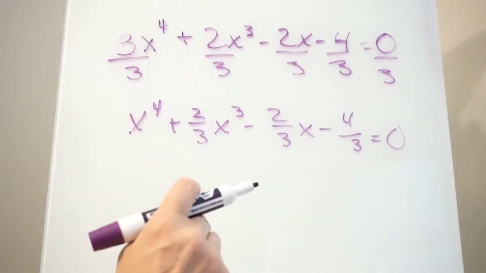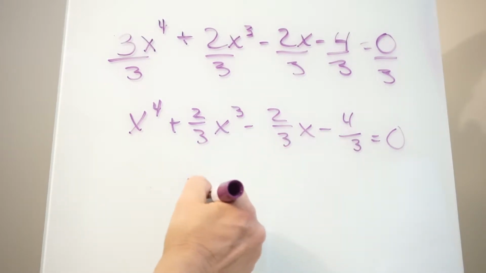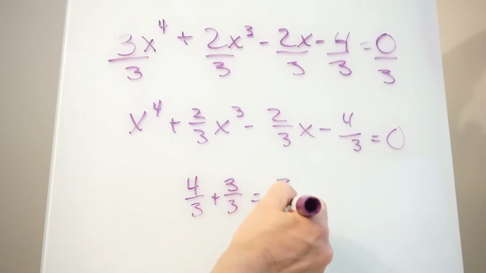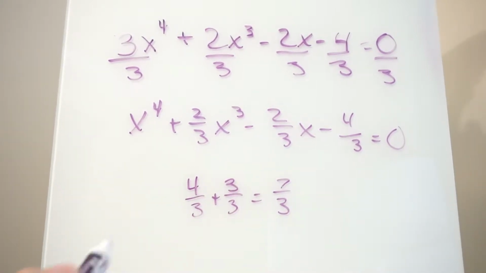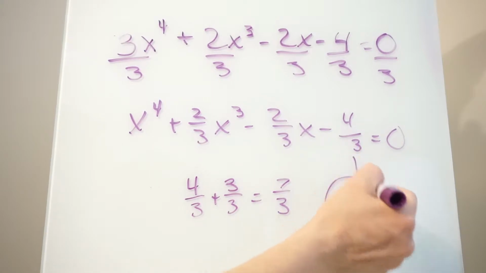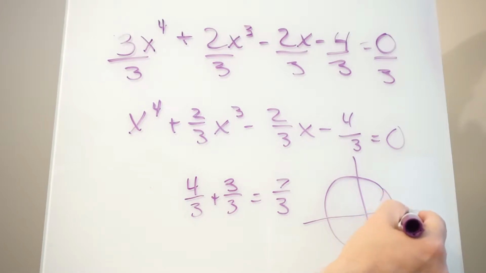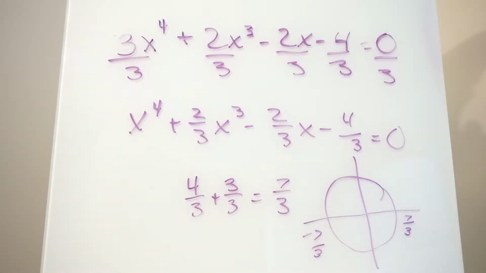Which coefficient has the largest absolute value? It would be 4 thirds. So plus 1, or 3 thirds in this case, gives 7 thirds. So the region of interest is going to be within 7 thirds. If we had that graphed, all of the twists and turns are going to occur between 7 thirds and negative 7 thirds. Within that region, all of the roots of the equation, all the turning points and all the flex points are going to be there.